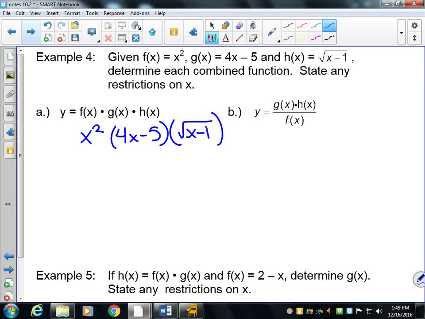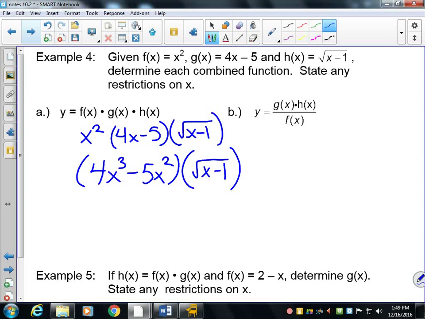Well, we can FOIL the first part, right? We get 4x cubed minus 5x squared, and that's times root of x minus 1. And I would just leave root x minus 1 by itself, because that's like x minus 1 all to the exponent of 1/2, and we're not going there.